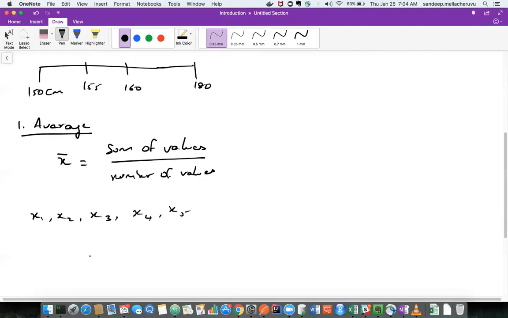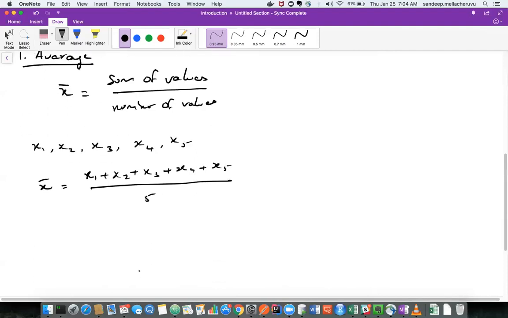Now, the sum of the values by the number of values, I can do like this: x1 plus x2 plus x3 plus x4 plus x5 by 5. Now, if you have 100 data points, you have to keep on adding x1 plus x2 plus x3 until x100. You have to keep on writing that.